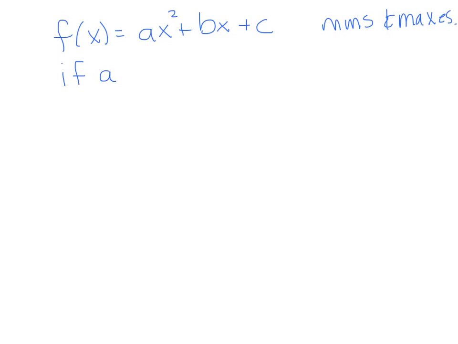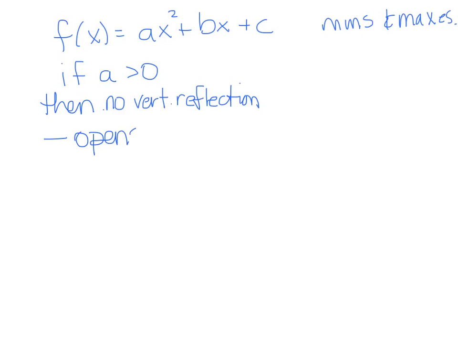If a is a positive number, so a is greater than 0, then there's no vertical reflection, right? When we talked about transformations, we said if a was negative, there would be a vertical reflection. But if there's no vertical reflection, the graph opens up.